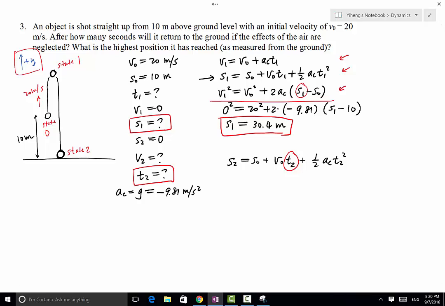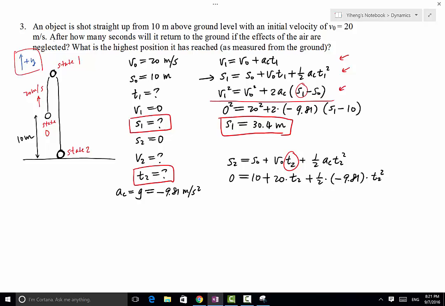And I can now plug in all the known information. S2 is 0. This equals S0, which is 10, plus v0, which is 20, times t2, which is not known, plus 1/2 times negative 9.81, that's why I wrote minus earlier, times t2 squared. So this equation is a quadratic equation, but do not let that scare you. There's only one unknown, and you know how to solve a quadratic equation.